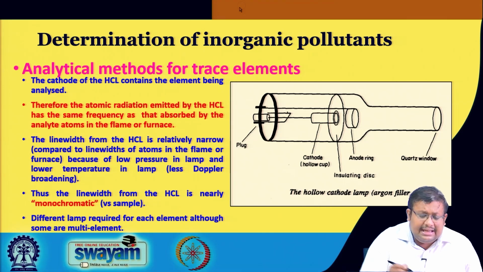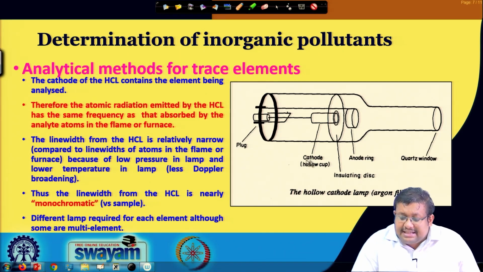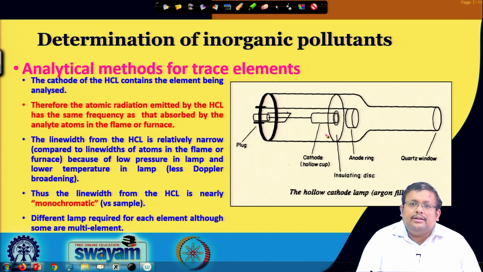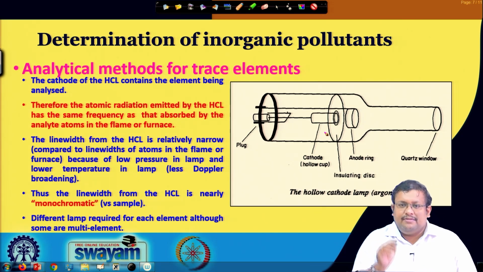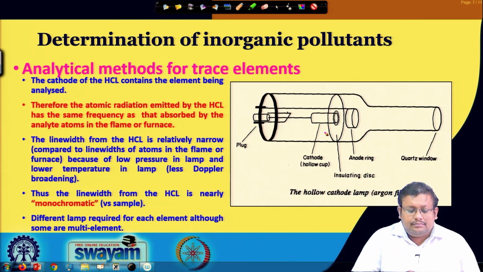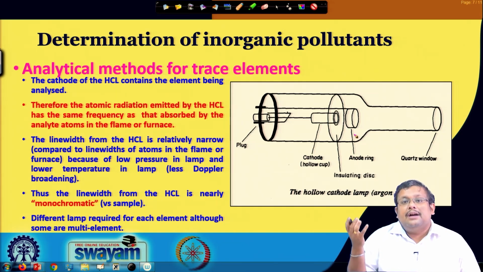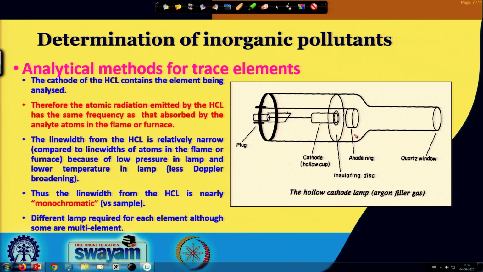Since the cathode is made of a particular element, the radiation emitted by the lamp has the same frequency that will be absorbed by that element under consideration, which is in the flame or furnace.